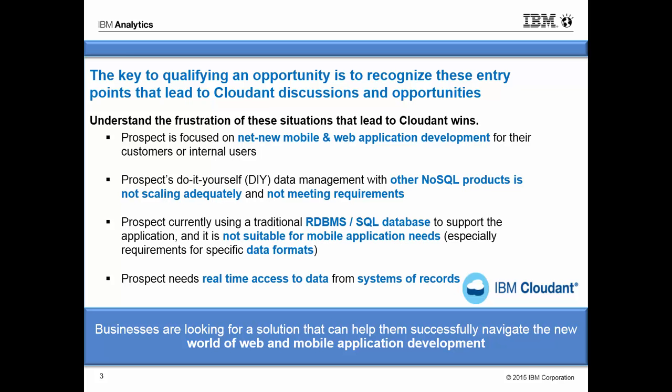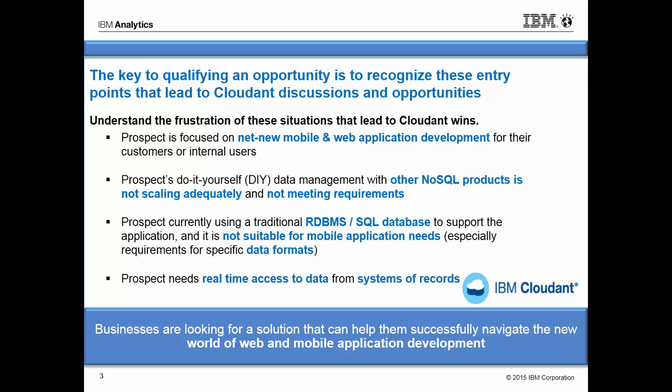And especially if your clients are trying to get into the world of mobile and they need to access the data that's in their relational database, right? Information that's in those systems of record, right?